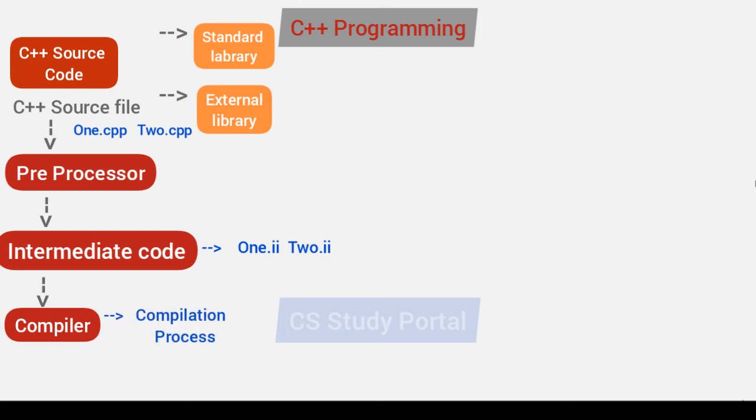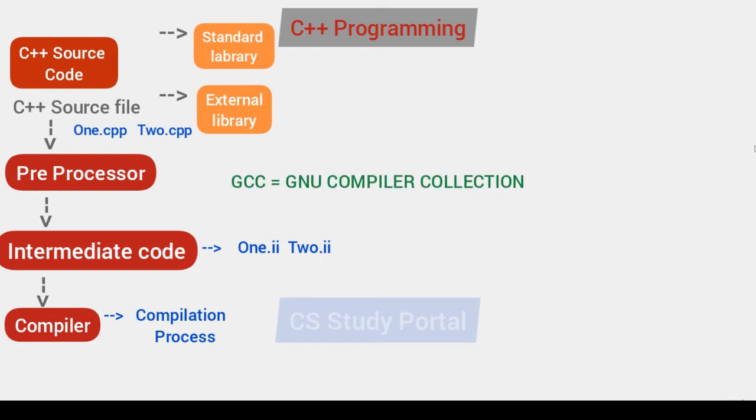Now here, since we are working with a C++ program, we will use the C++ compiler, and the C++ compiler will take the output of the preprocessor, which is the intermediate code, and translate that to a lower level language. Now a lot of compilers are available for C++. In this video series, we will be using the compiler provided by GCC.